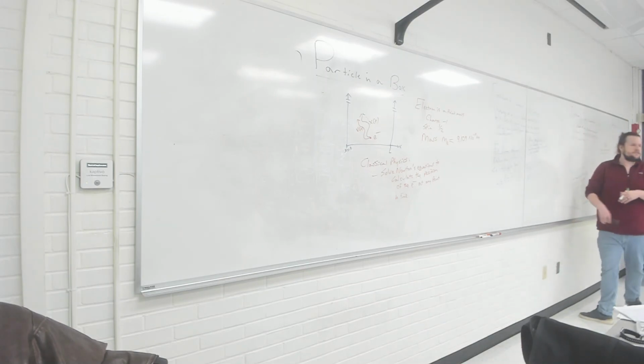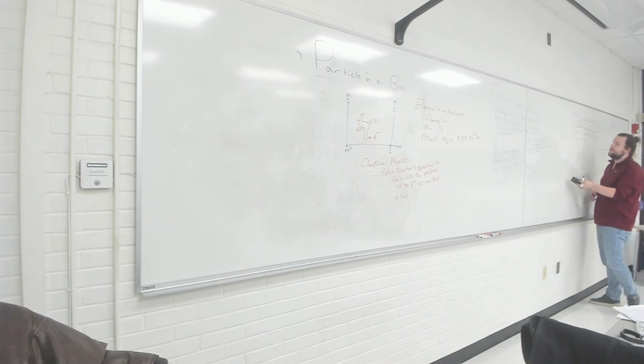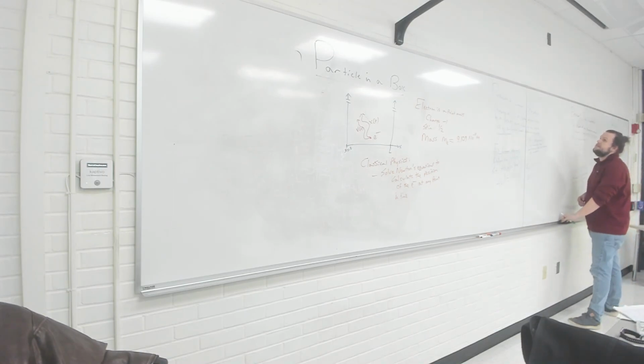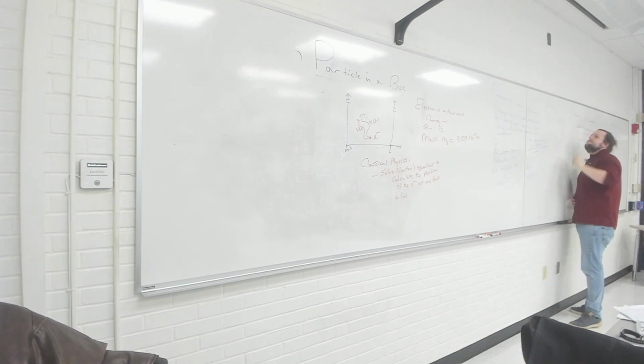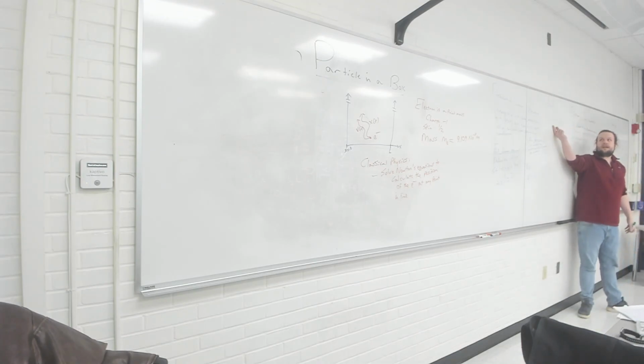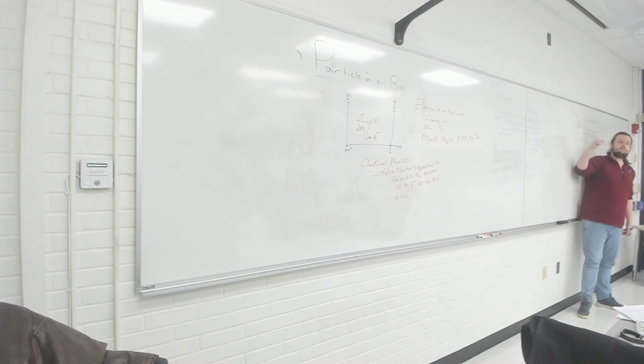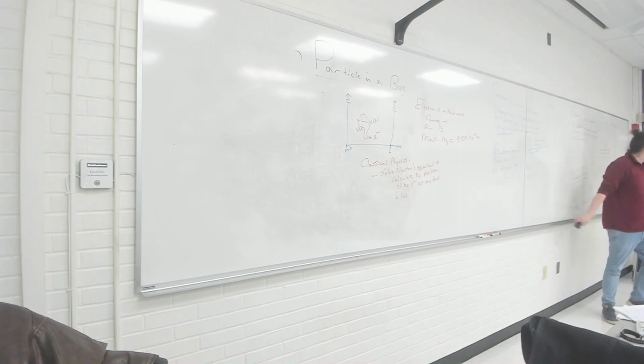You can have operators that take functions in and bring out numbers, or other functions. Here's another example of an operator. The derivative. Take the derivative of x squared, what do I get? 2x. Right? We're taking a function, operating on it, and getting a new function out. Right? We've seen operators all the time.